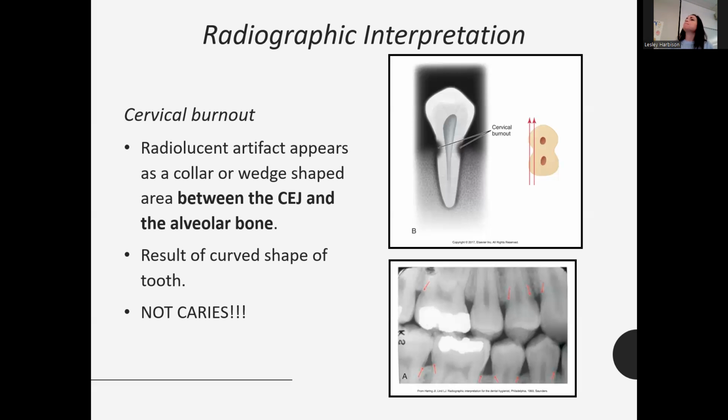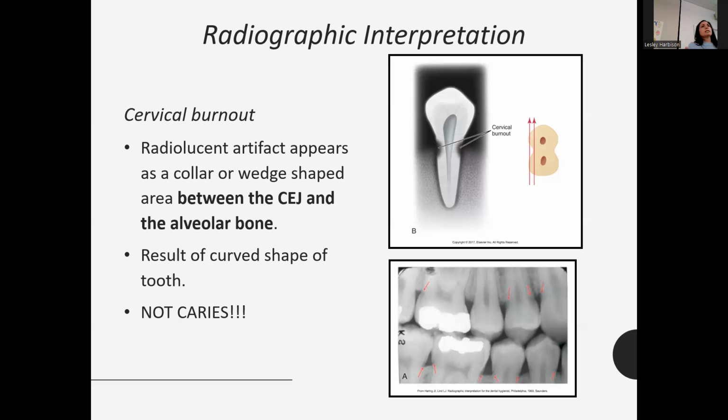What's the cause? The cause of it? It's just how our teeth are built. I feel like I'm not answering your question right. Everyone has it, but everyone's anatomy is different. Certain teeth might have more cervical burnout, and somebody else might not have as much natural root depression.